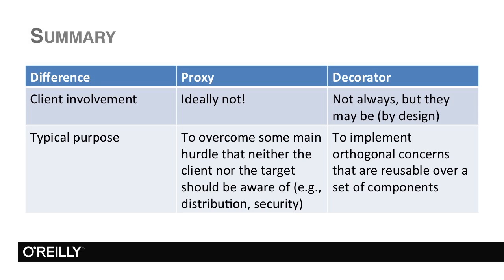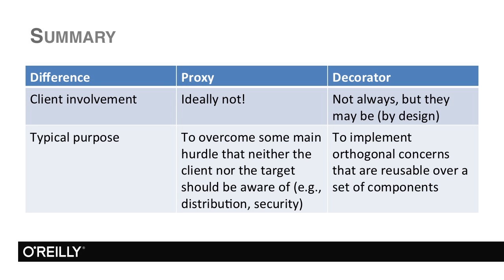One dimension is whether the client is involved in the creation or construction of the delegator. In the case of proxies, it's usually my goal to make sure that the client doesn't know that it's using a proxy, or I try to introduce it without their knowledge. In the case of the decorator, that's not always true. Often by design, I allow the clients to add decorators.